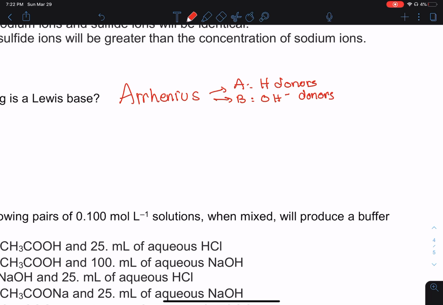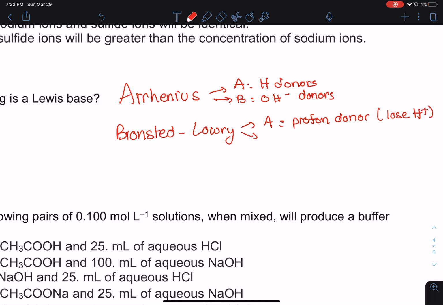Then we have the Bronsted-Lowry. It says that acids are proton donors, so they lose H plus.